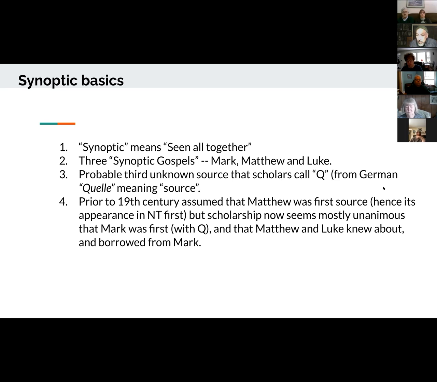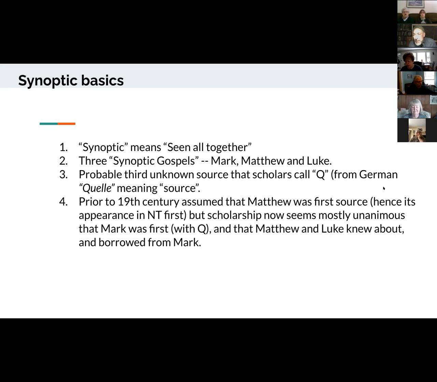There's also another possibility that has come from this scholarship, which suggests there's a probable unknown source that has never been found, which scholars have called Q. It comes from another German word that I don't know how to pronounce, because I just don't know how to pronounce German. It looks like it would be like Quelle or something like that.